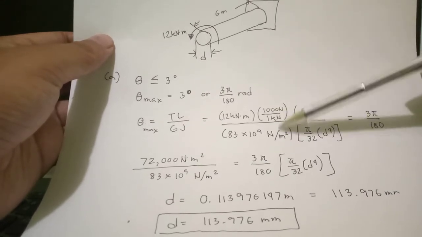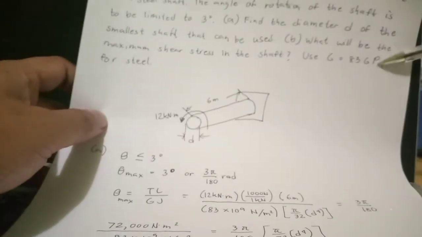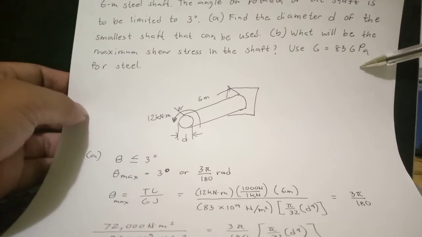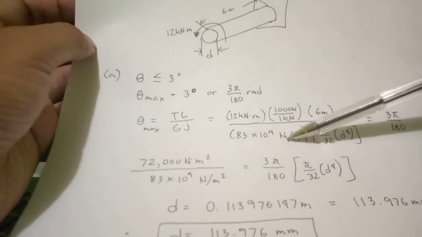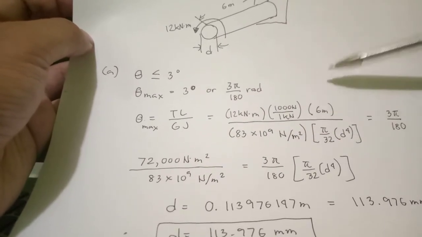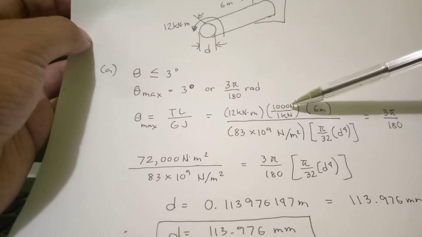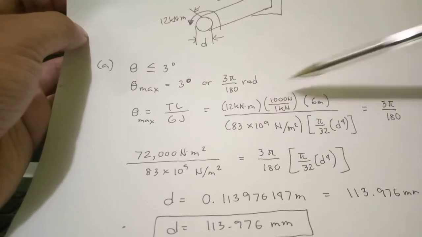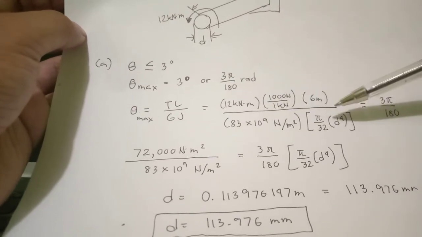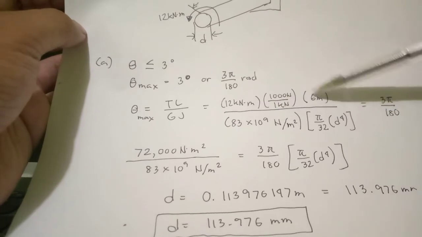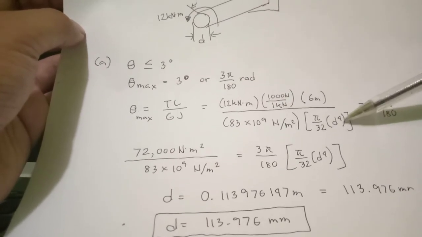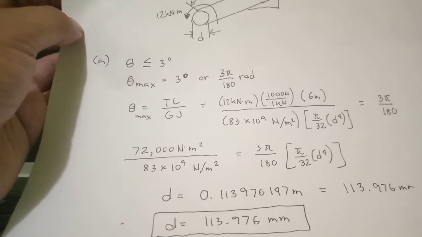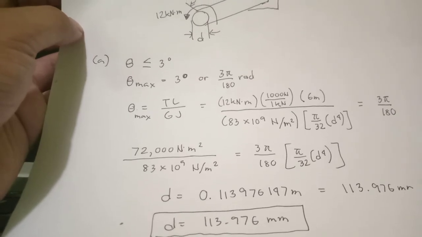G here is 83 gigapascal, and 1 gigapascal is equal to 10 to the power of 9 pascal, and pascal is equivalent to newton per meter squared. I made it a uniform unit of force, which is newton. Since we use meter for length, the resulting value of D will be in meter also. So please beware in converting your units, or you might not get the exact answer.